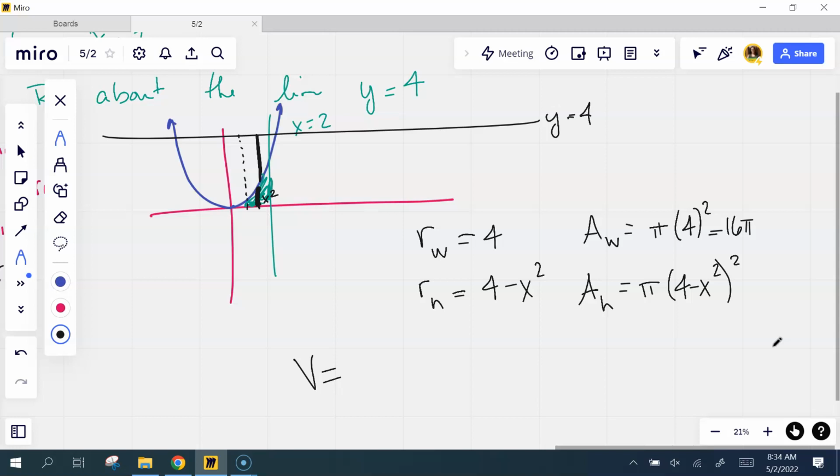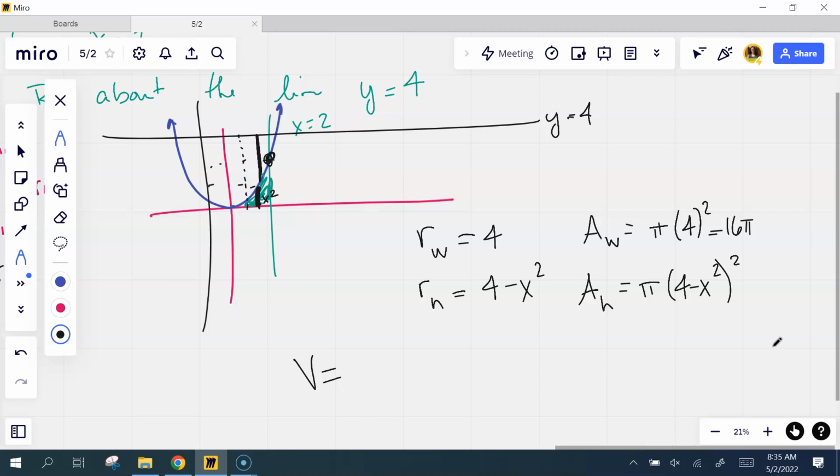So if my line of rotation was here or here, and I'm measuring this way for my radii, that's correct. So here my volume would be, now of course, I need to find this point.